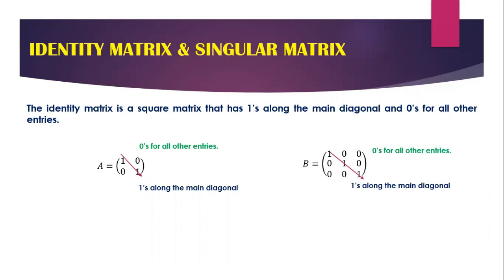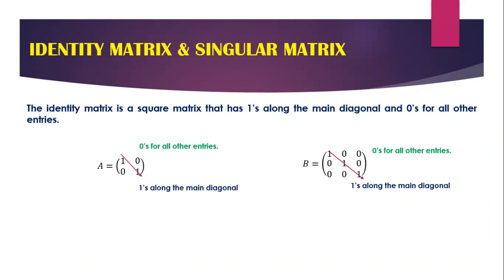So the identity matrix is a square matrix that has 1 along the main diagonal and zeros for all other entries.